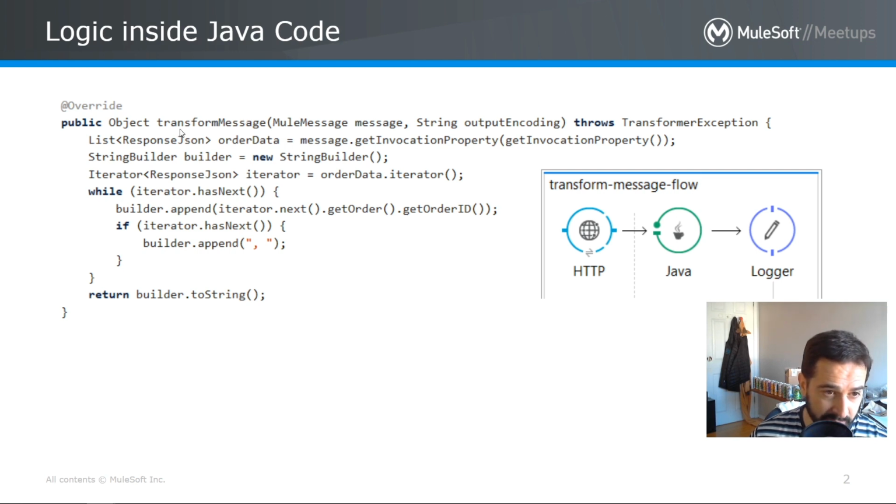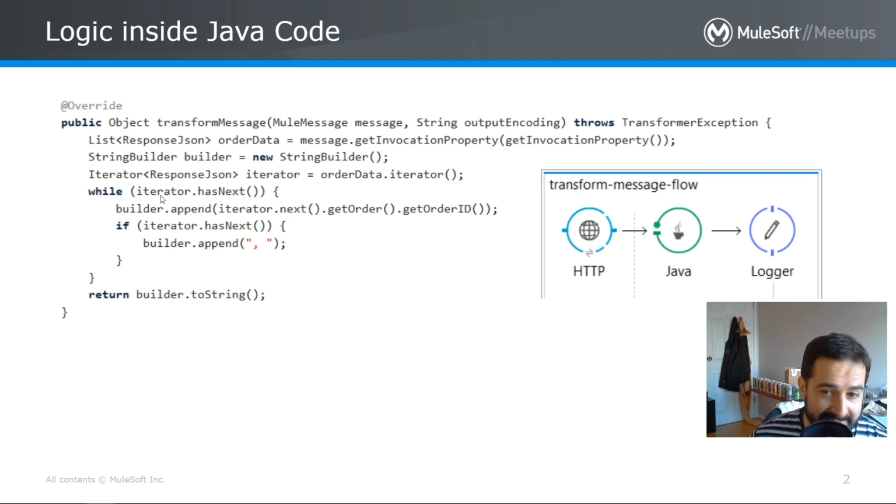The Java component is on the left here. You'll see things like accessing this line here, the invocation property, that's accessing a flow variable. And then you'll see while loops and then appending, so you're doing string building. And then you return the string, which would be modified into the payload, and then it would continue with the flow.